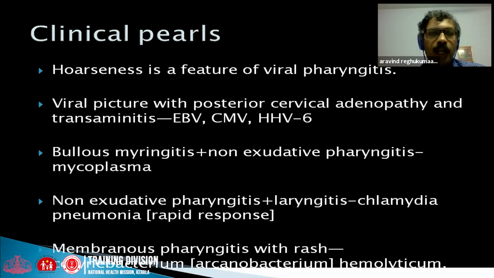So in case of pharyngitis with transaminitis, think about a viral etiology. Bullous laryngitis with non-exudative pharyngitis, the etiology could be mycoplasma. And you know the treatment of mycoplasma is going to be drugs with atypical coverage, like doxycycline, azithromycin, or clarithromycin. Non-exudative pharyngitis with laryngitis, think about Chlamydia pneumoniae, and the response to doxycycline or azithromycin is going to be very rapid.